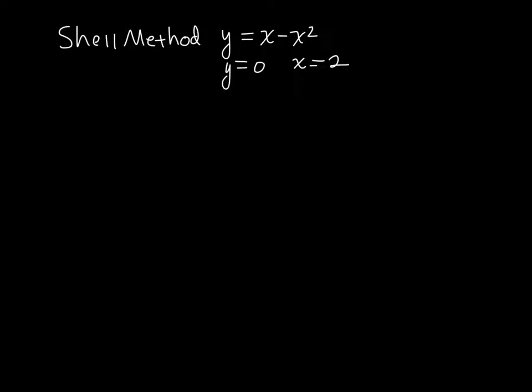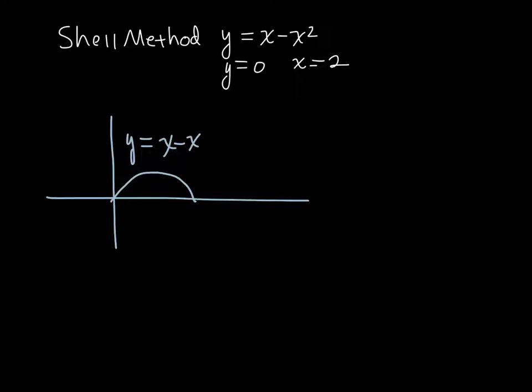So if I just simply draw my function, y equals x minus x squared, then I know I'm, of course, starting at 0, and then if I plug in 1 for x, 1 minus 1 squared, I'm back down at 0.